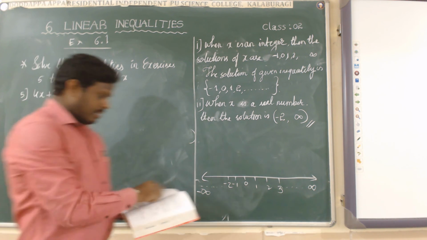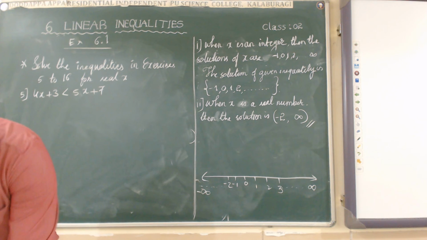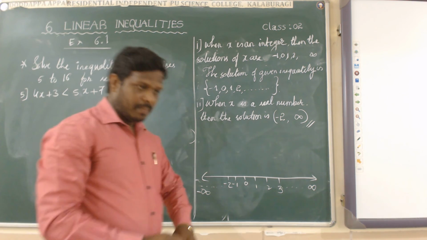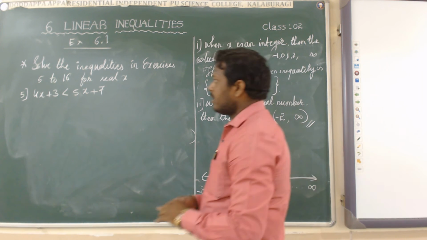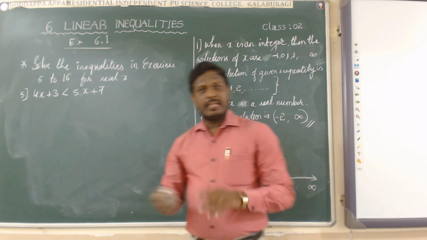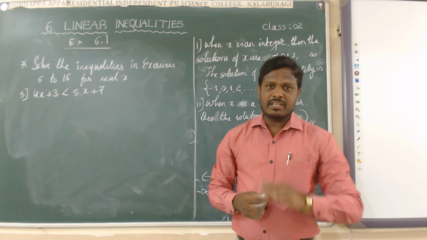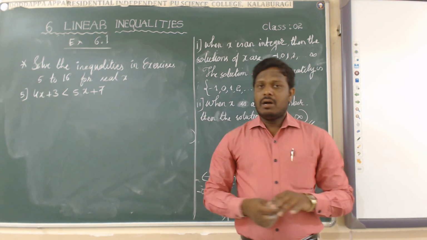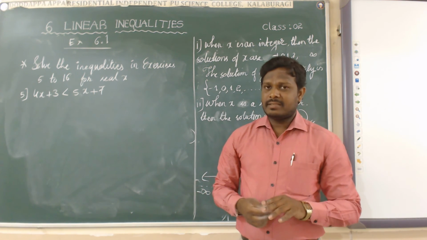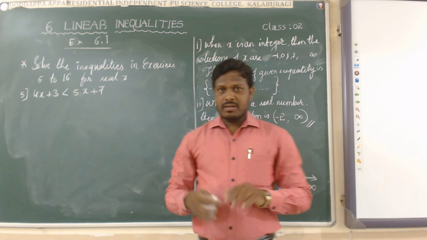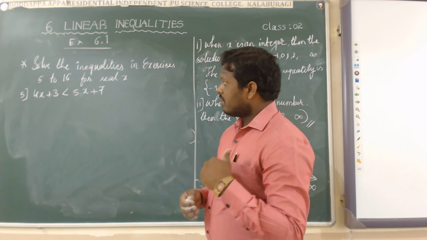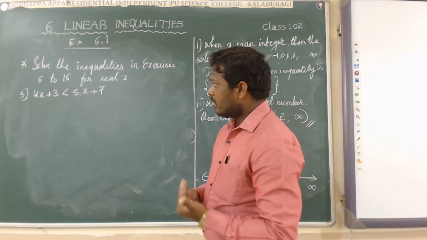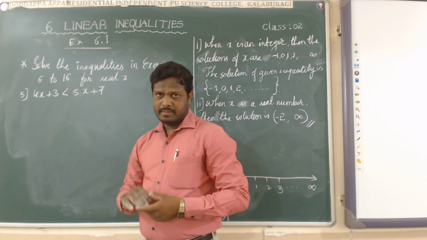We have to simplify this using the first and second rules. On the LHS there are two terms, one with a variable and one constant, and on the RHS also two terms, one with a variable and one constant. Which term do we have to remove from both sides?